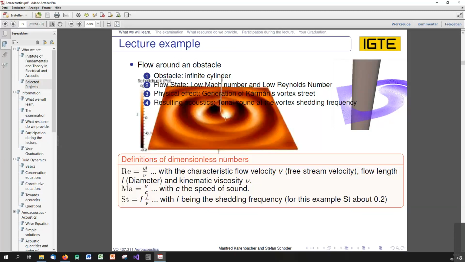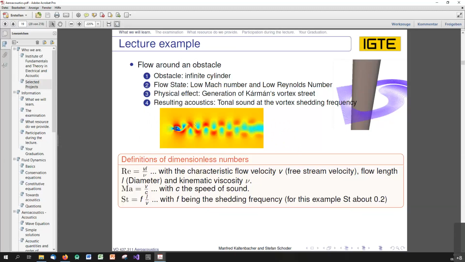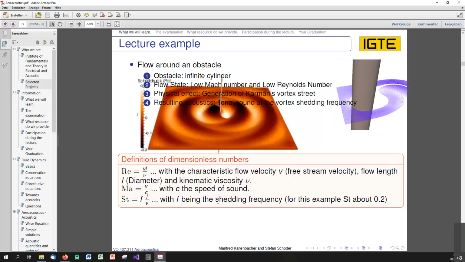I'm sorry that the picture of the acoustic radiation has the flow in this direction, but here you see clearly the dipole shape of the acoustic radiation. We will refer back to this example throughout the lecture and also in the exercises.